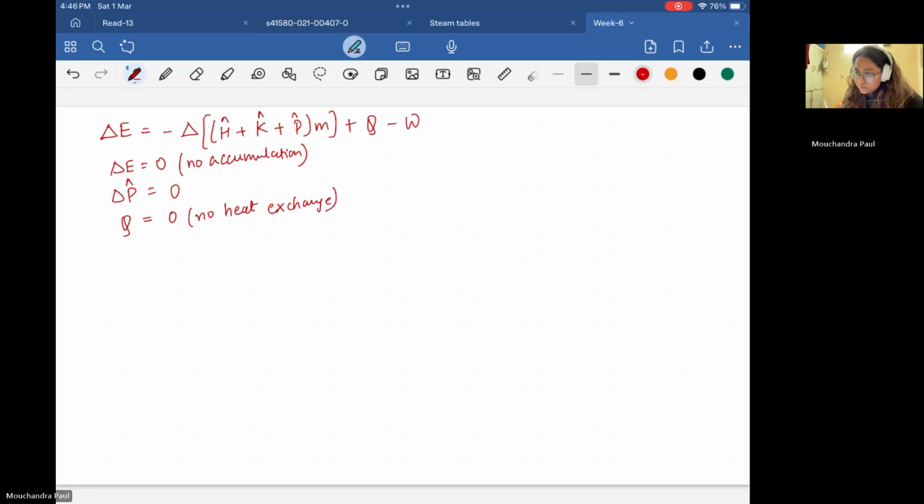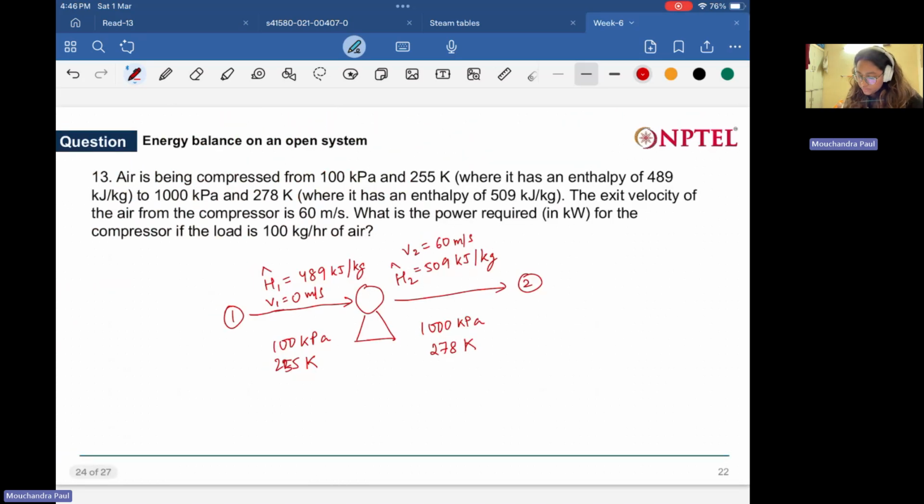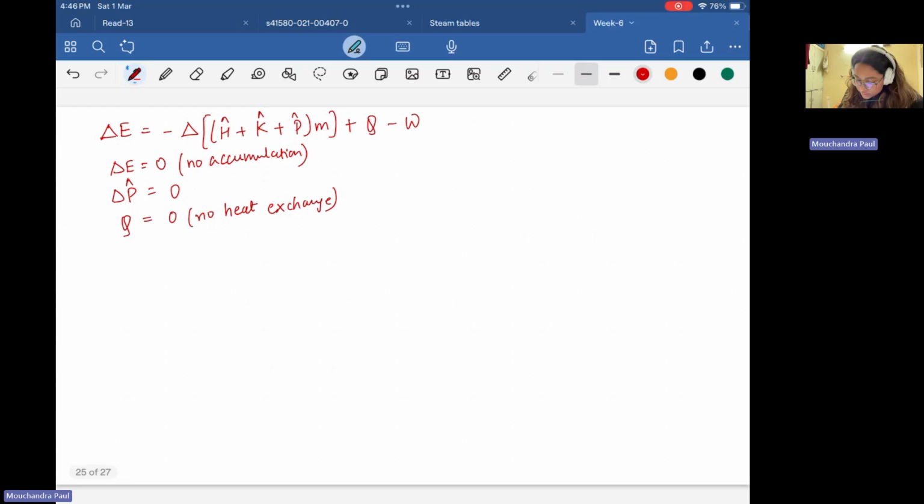And the mass of the air that is entering is the same as the mass that is exiting. So the inlet mass, state 1 mass, is equal to state 2. So let's consider it as M. Let's consider a basis of 1 kg of air entering. So M becomes 1 kg.